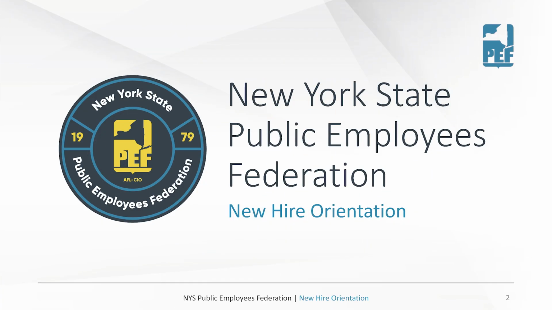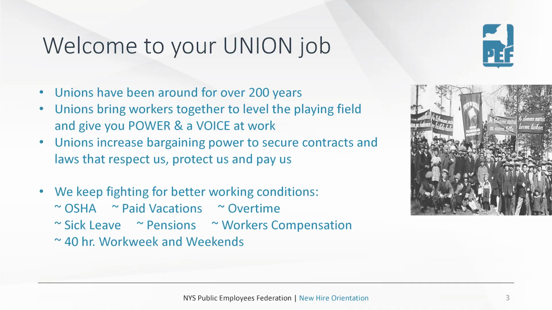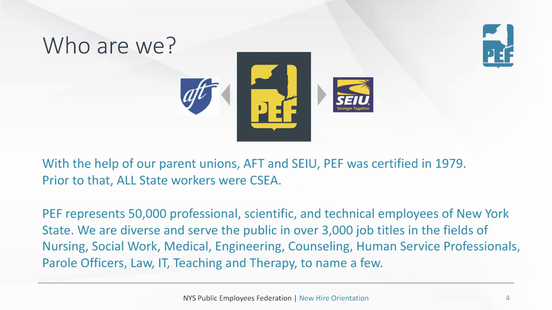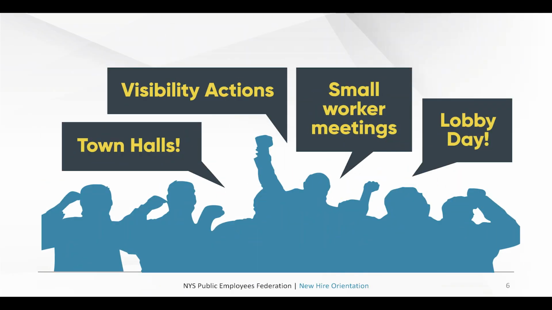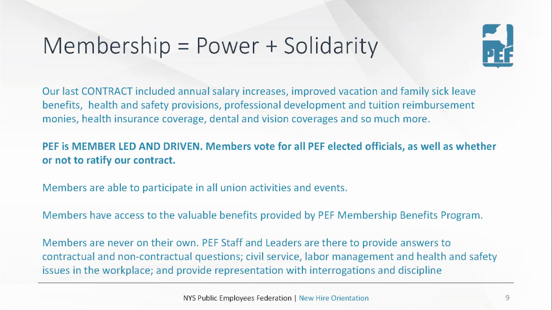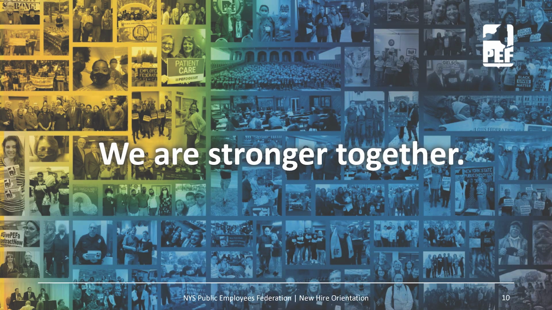Then you can click through and you'll see why we have a union, what we do, who we are. Some of this is taken from my PowerPoint. Where does PEF power come from? It gives people a very concrete explanation of why they should and want to join the union.